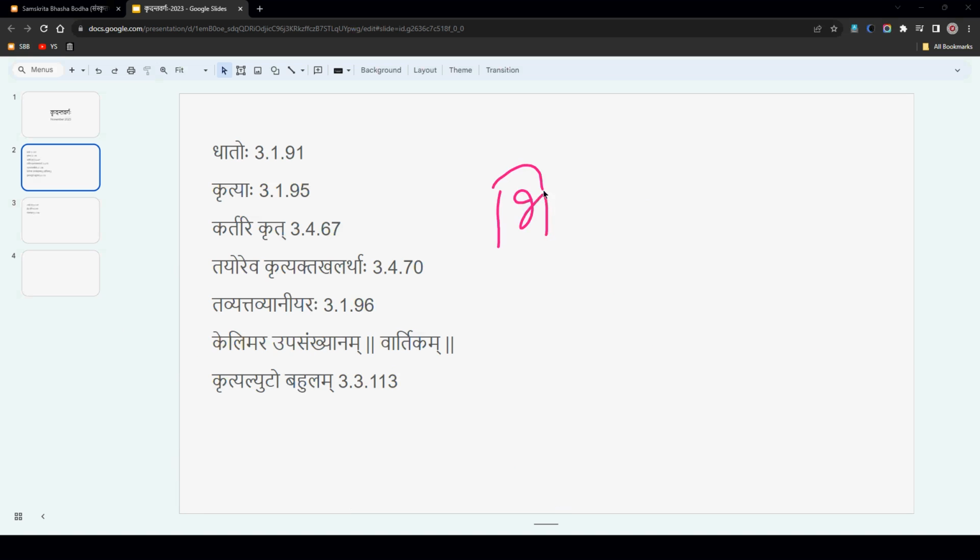Is kelima kriyapadam or visheshanam? Visheshanam. But it is sounding like a kriyapadam. It is not a tinganta padam, because it doesn't have a ting pratyaya, but it does have the action in it, so it sounds like a kriya padam.